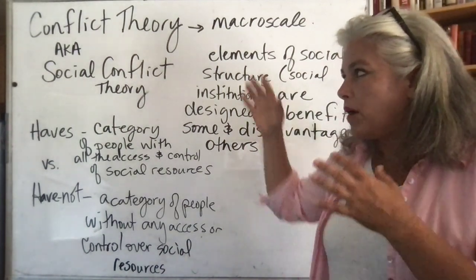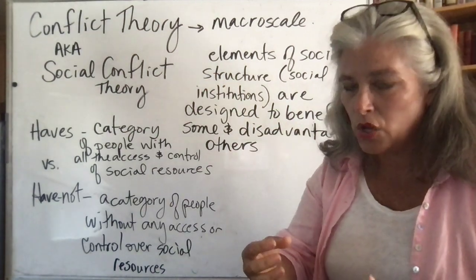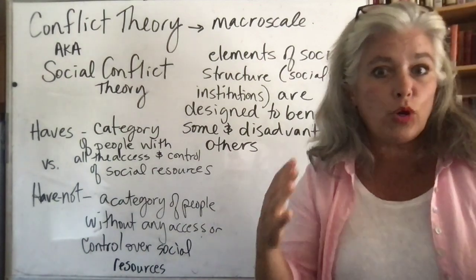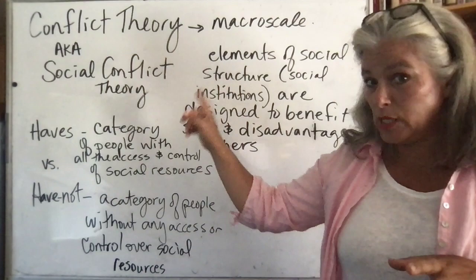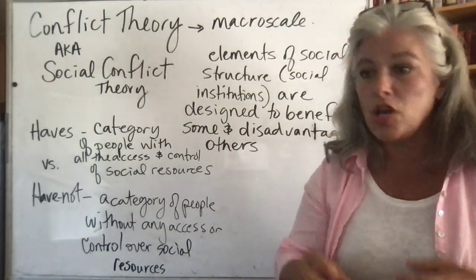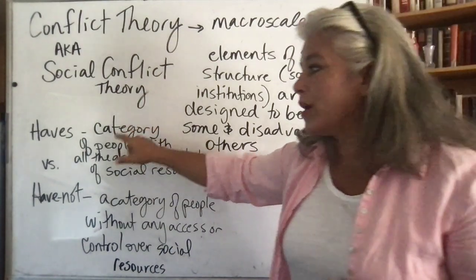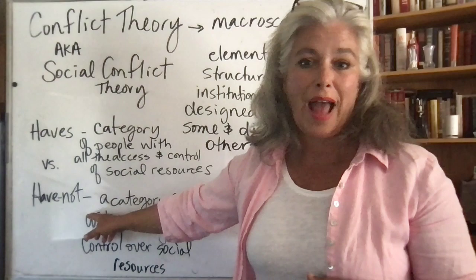So conflict theorists say that our society is built with inequality at the core. Those load-bearing walls, those social institutions, are designed, from this point of view, to create categories of people within the population who can be considered haves and categories of people who can be considered have-nots.